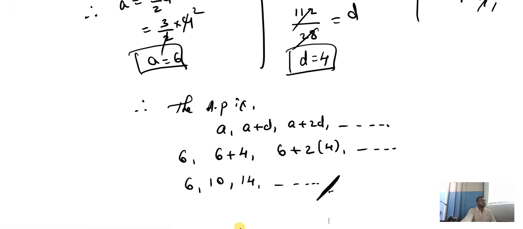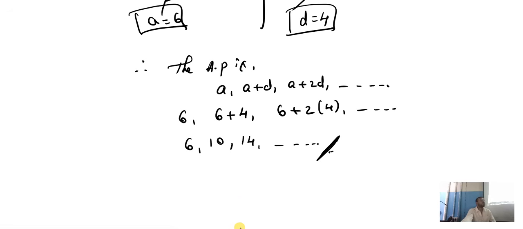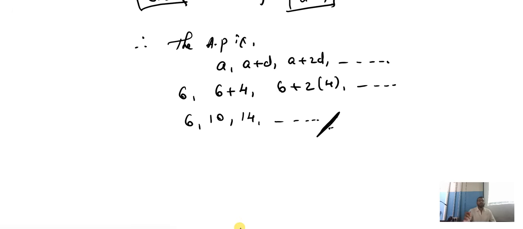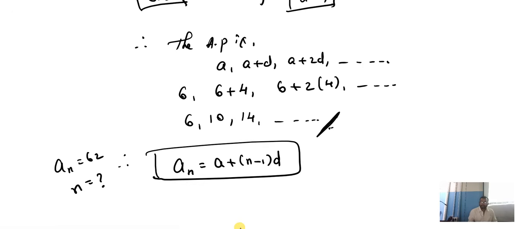Now they are telling that we have the nth term 62. If nth term is 62, which term of this AP is 62? We have to find the value of n. Now we can say that nth term is a plus n minus 1 into d, where nth term is 62 is equal to a is 6 plus n, we don't know, minus 1, d is 4.